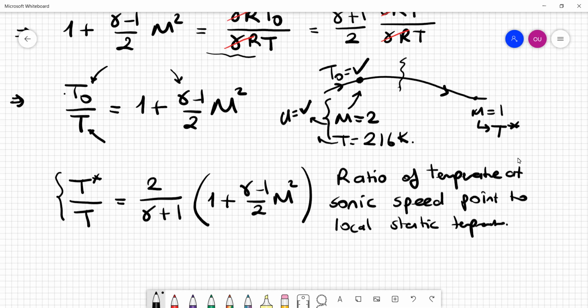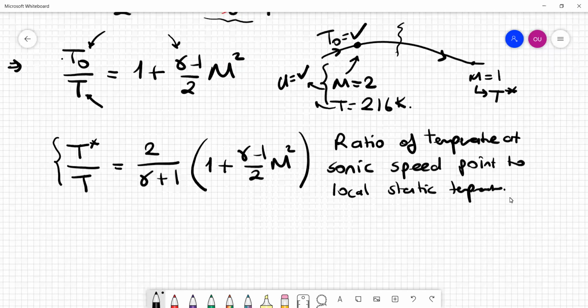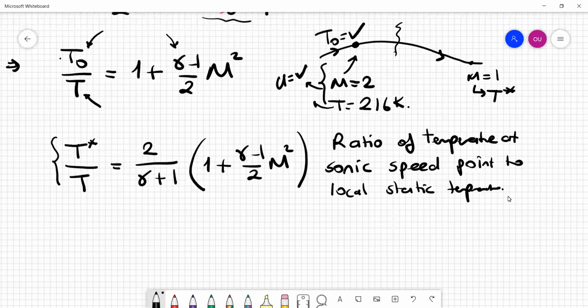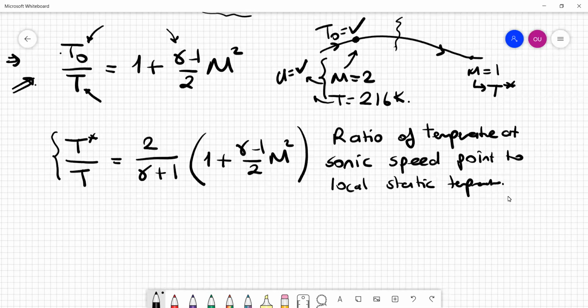Before I make one important note, let me give you another interesting thing related to high-speed aerodynamics. It's related to this equation. Now T0 is important. Why? We said that it remains constant along a streamline, but it has another very critical importance in aircraft and high-speed vehicle design. We call this stagnation temperature.